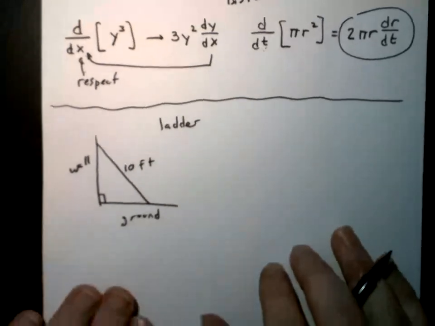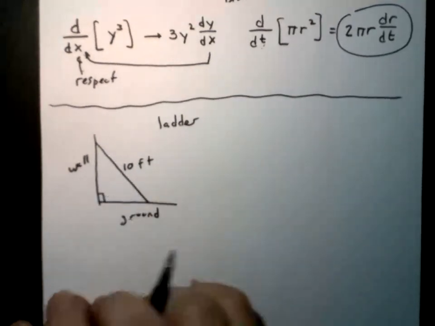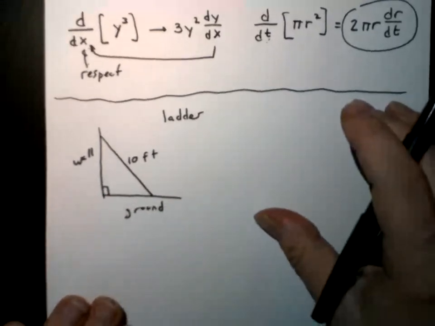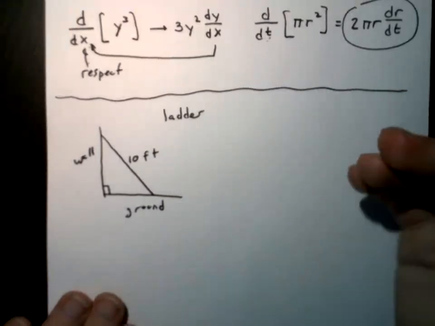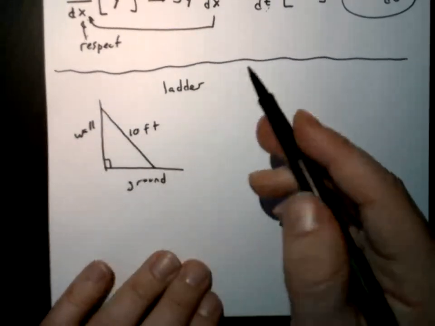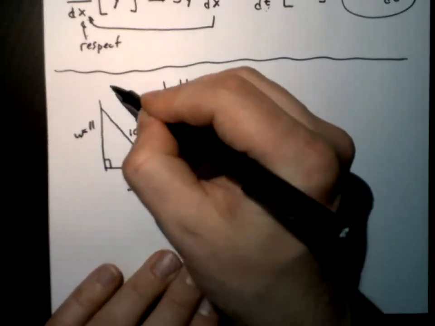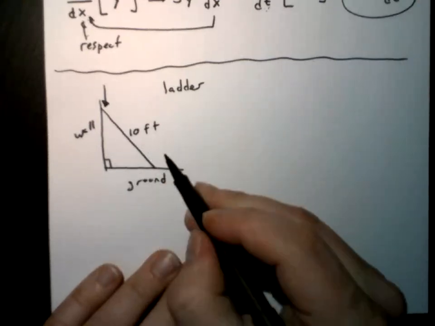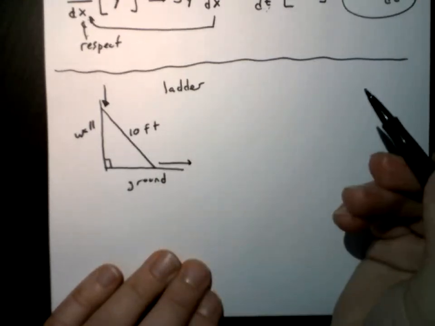Okay. Think of the wall as 90 degrees to the ground. Now, what we want to do is think about our equation here. And maybe what happens is the ladder slips away, so it moves in this direction.